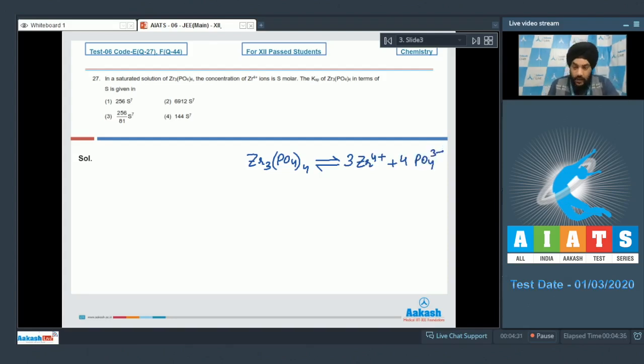Now if we talk about the solubility, the concentration of Zr4+ ions is given to be S. So if this is S, then this should be 4S by 3.